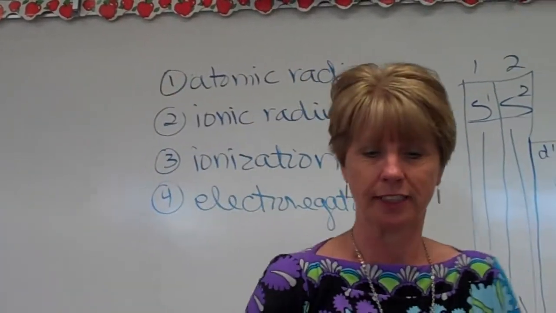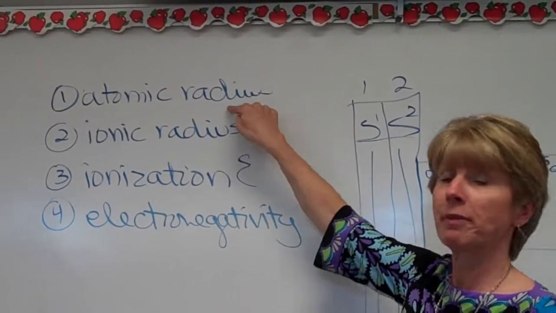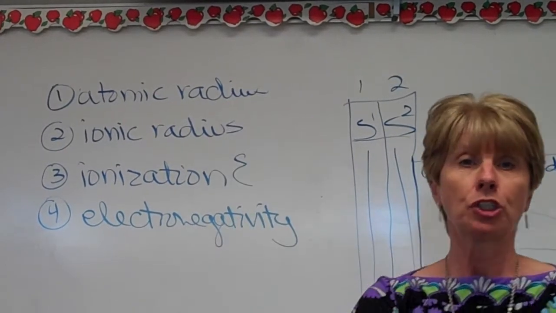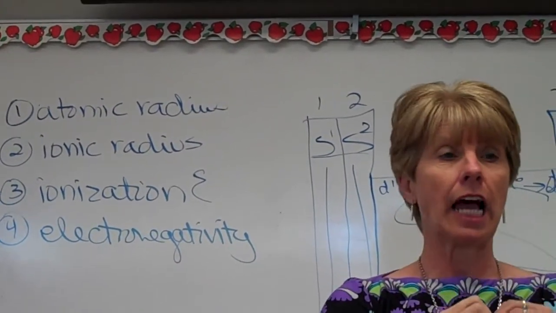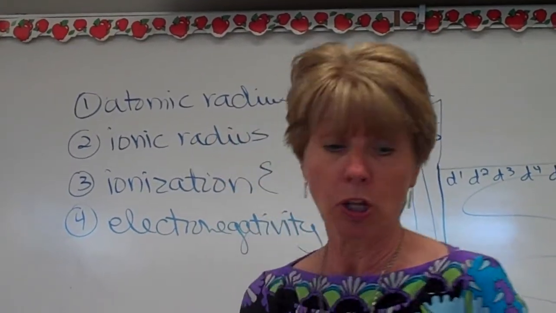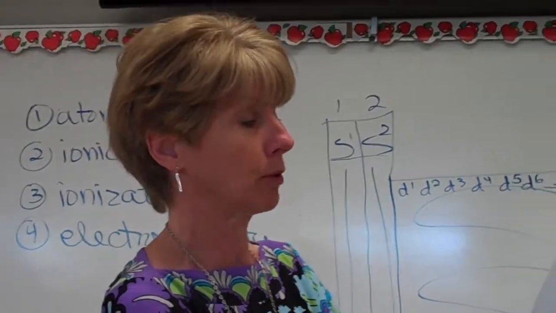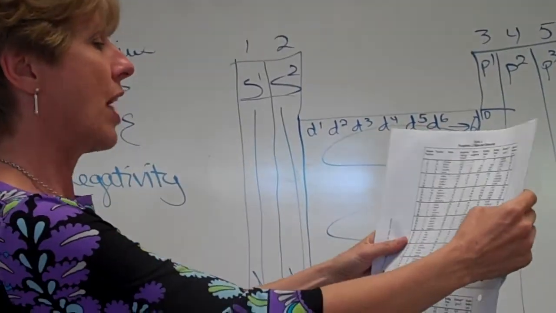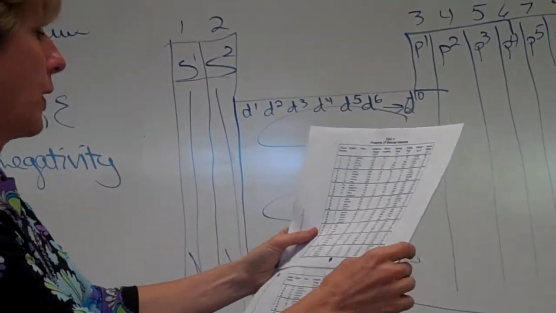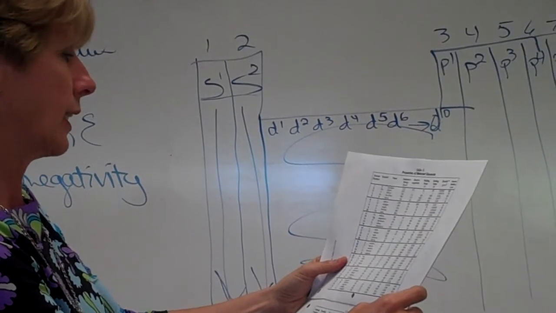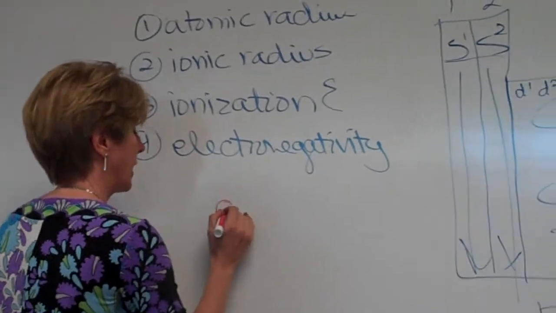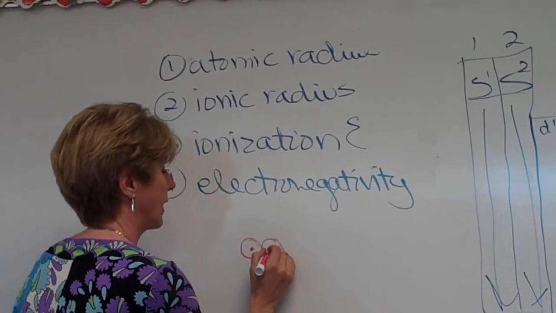Okay, let's get some definitions. Atomic radius is half the distance between two nuclei in the solid phase. Okay, and there actually is a table that you have in your reference tables from me that gives you the atomic radius in picometers. So if I look at, let's take helium, and you have a helium atom and another helium atom.